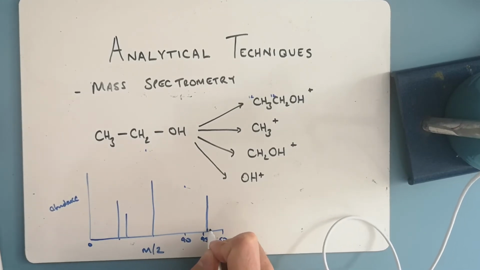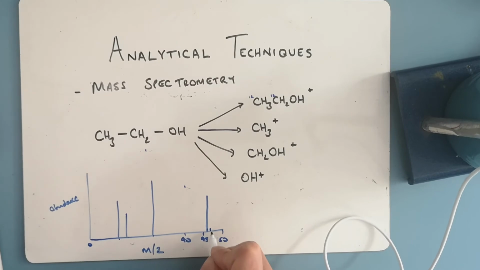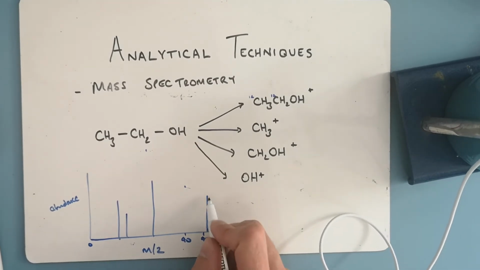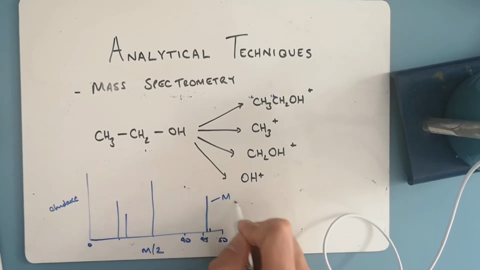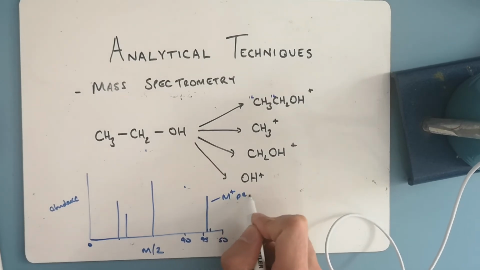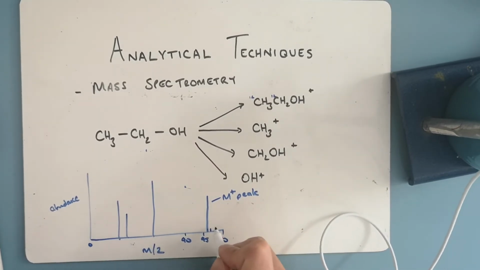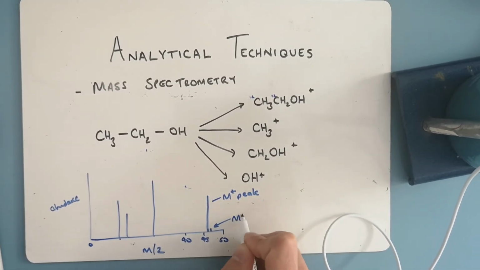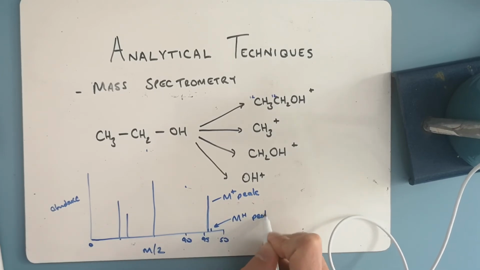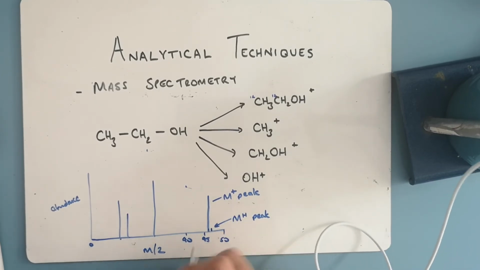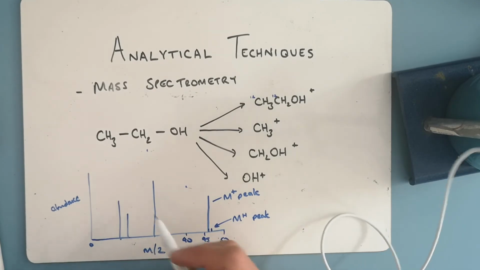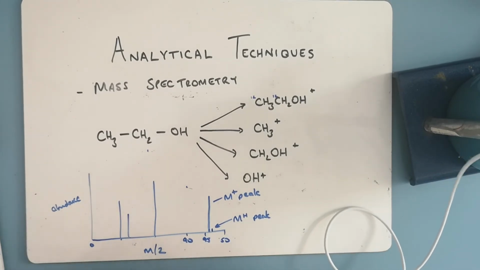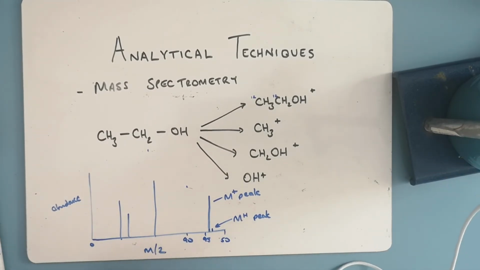But there is a small amount of carbon-13, so you might see a very tiny peak straight after the M peak. And this is the parent ion plus 1 peak. It's not to be taken as the molecular mass. But if we put an unknown into a mass spectrometer, we'll be able to find out its molecular mass by finding this peak.